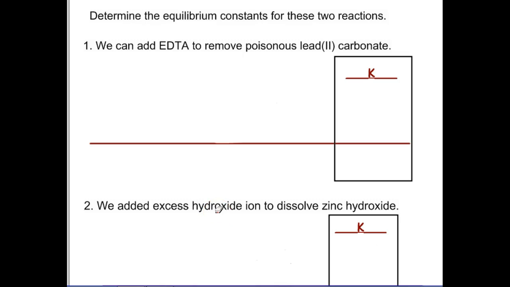So find the Ksps and Kfs, write the net ionic equations, and find their Ks. So pause the video, take a couple minutes, and try those. When you have the first one done, we'll check that, and then we'll pause and do the second one.